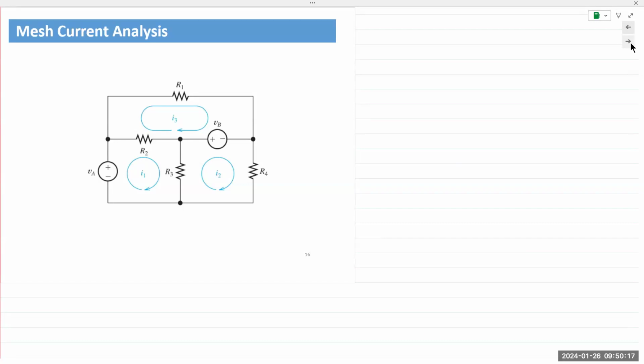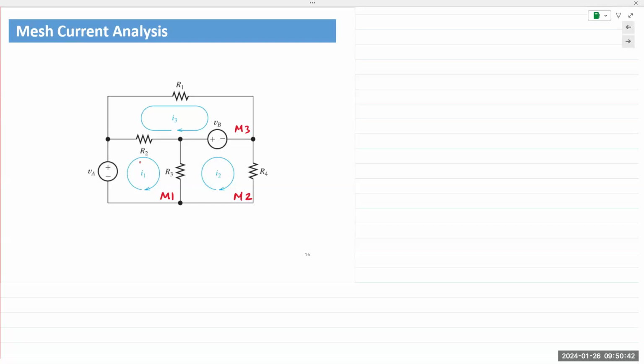So meshes are easier to identify than an electrical loop. In this case, mesh 1, mesh 2, and mesh 3, so M1, M2, M3. Only 3 meshes in the circuit, very easy to identify.